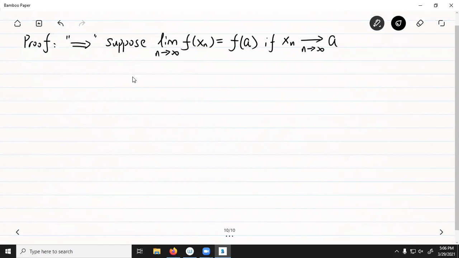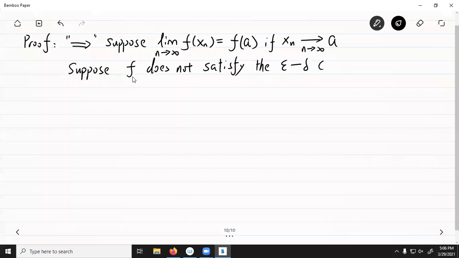We suppose this f does not satisfy the epsilon delta criterion.